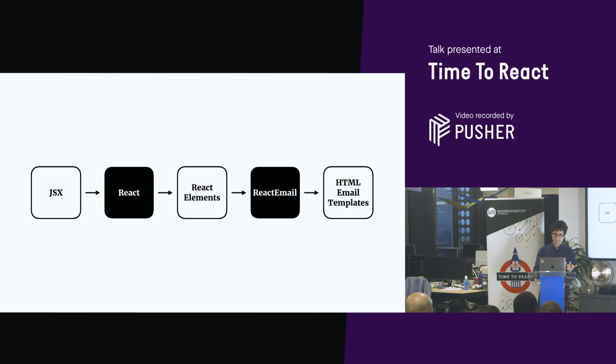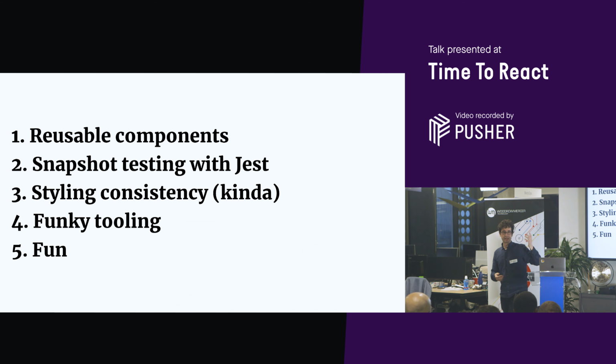By doing this, for free we would get fully reusable email components, and snapshot testing, so we can check the HTML of the resulting email, styling consistency with what we use in our normal products, funky tooling like CSS in JS that we could be using with emails, and fun, because, you know, React is fun.